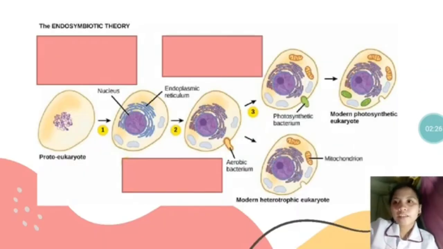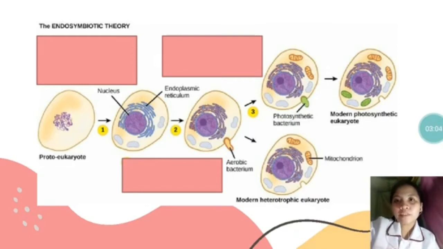Next, as you can see, there is the endosymbiotic theory. In the image, first there is the protoeukaryote, and next there is a nucleus and endoplasmic reticulum. Next there is an aerobic bacterium.